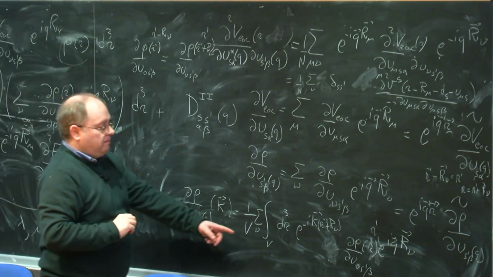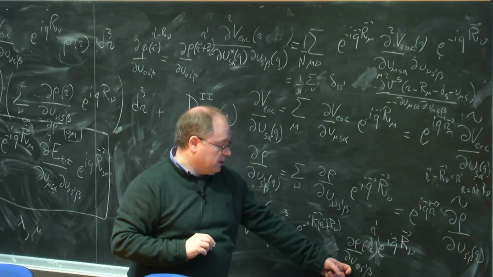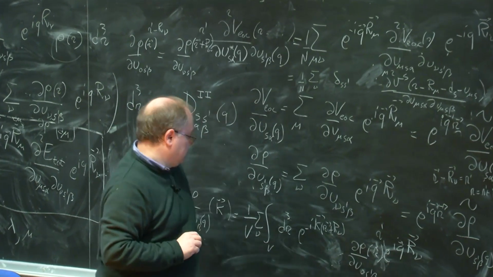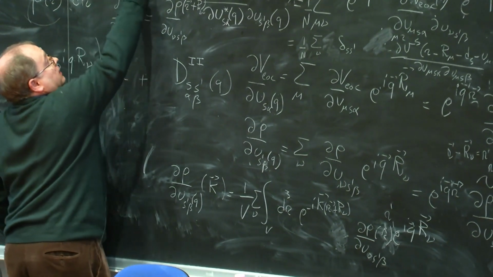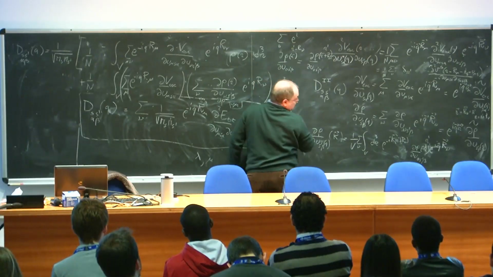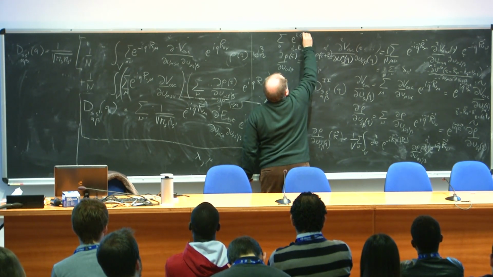And so you see what happens here, that now there is r nu here, but no more in the derivative of the rho. And so I have a term that is sum over nu e to the i q minus k r nu.